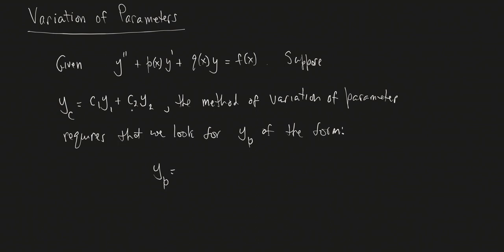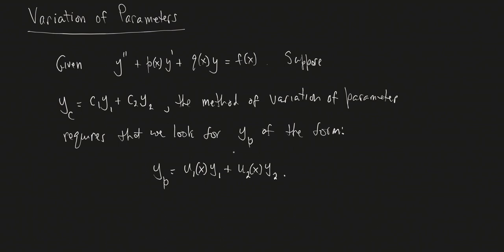Essentially, it's going to take this form of our complementary function and modify it slightly. It will still be a combination of y1 and y2, which is good because those are the functions in our fundamental set. But instead of having a linear combination of y1 and y2, we're going to try to construct yp in such a way that it can be written in this form: u1, which will be a function of x, times y1, plus u2, which also will be a function of x, times y2, right?